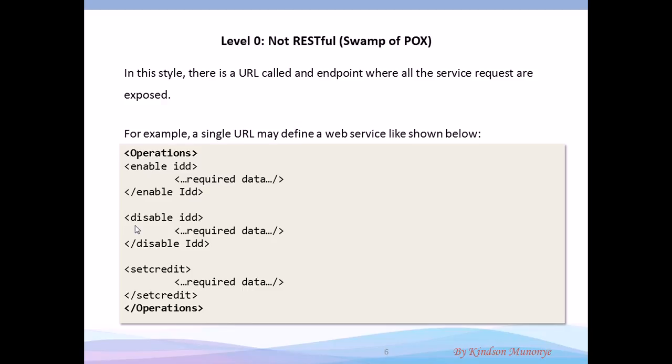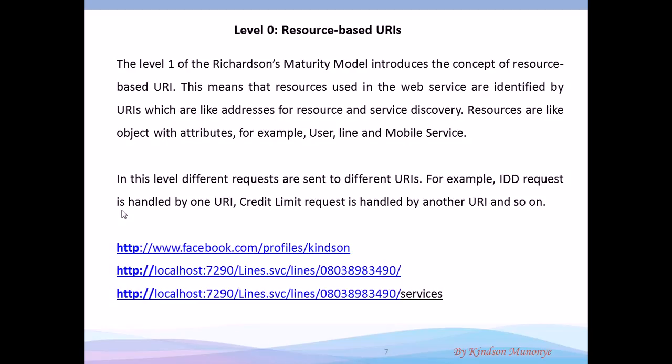That is level 0. So we have level 1. This is a typo here. Level 1 introduces resource-based URIs, meaning that for you to attain level 1 of the Richardson's maturity model, you have to use resource-based URIs. And what are resource-based URIs? They are URIs that are like directories specifying a path to a resource. So if you look at these 3 examples here, we have www.facebook.com/profile/Kindson.